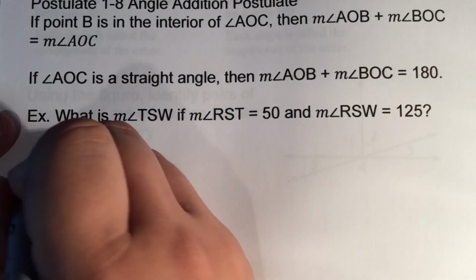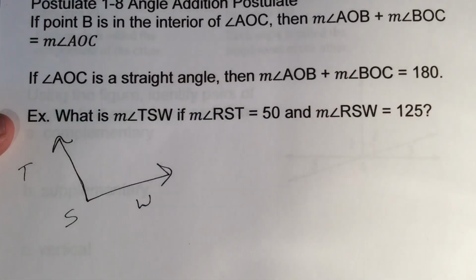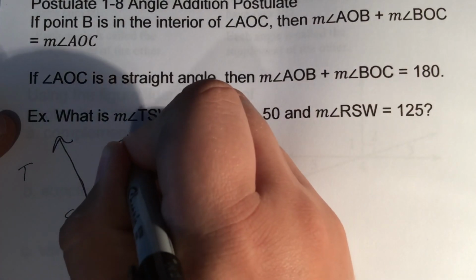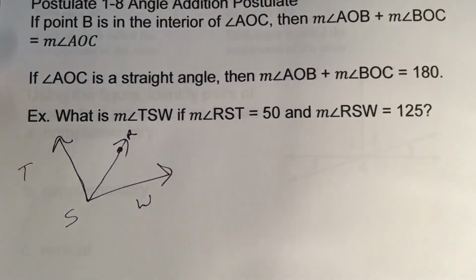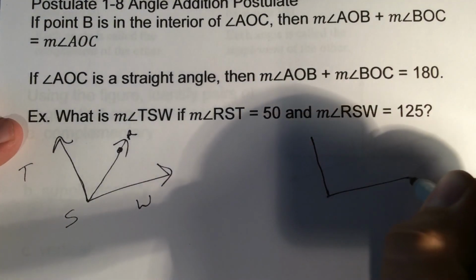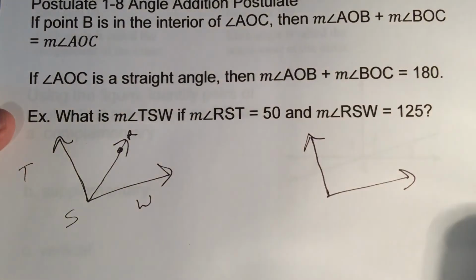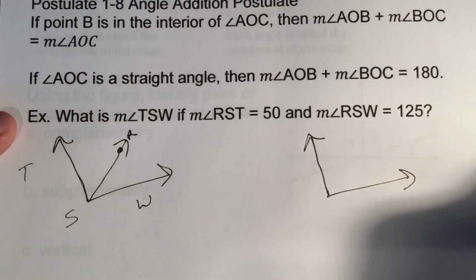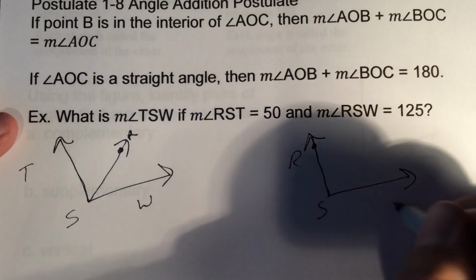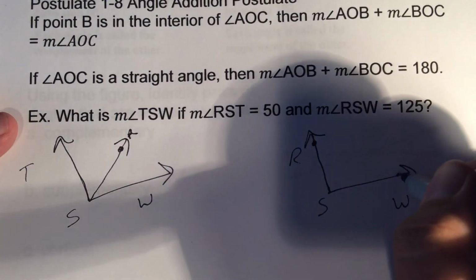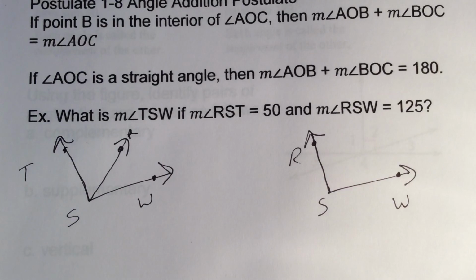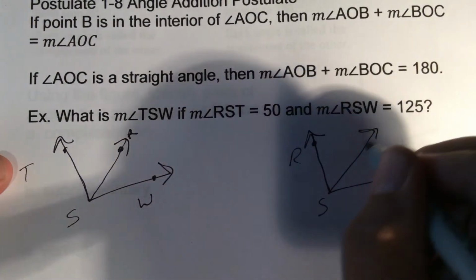Now, if this one was TSW, then this ray here should be R. Now, the other way we could draw this is RSW this way. So in this case, T would have to be in the middle here.